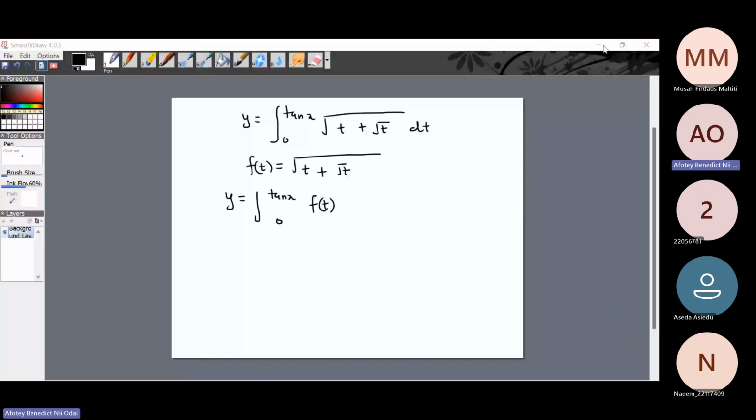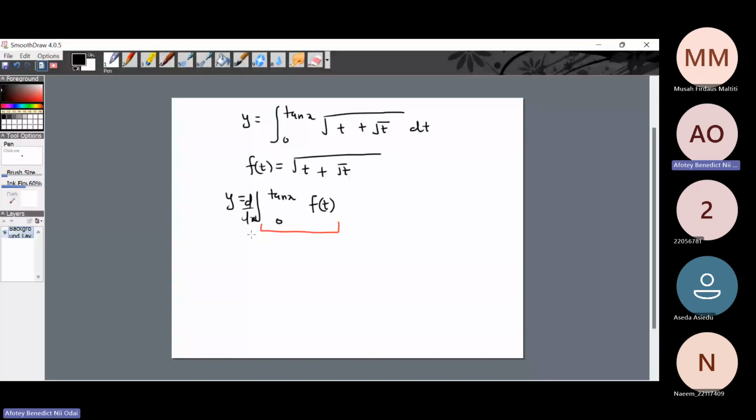So we have this. Remember, we are finding the differential. Now we can solve for the inner part first. So let's try and simplify this, then we solve for the outer part.